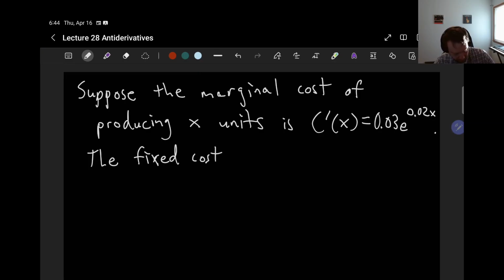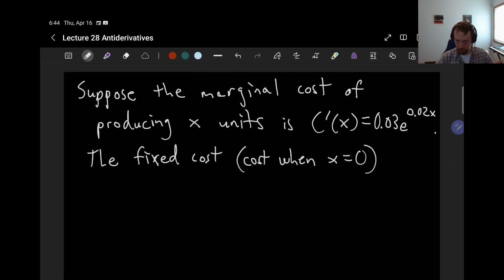Well, this thing called the fixed cost, which just means the cost when x is 0, when no units have yet been produced. It's just some fixed underlying cost of everything. Is $5.